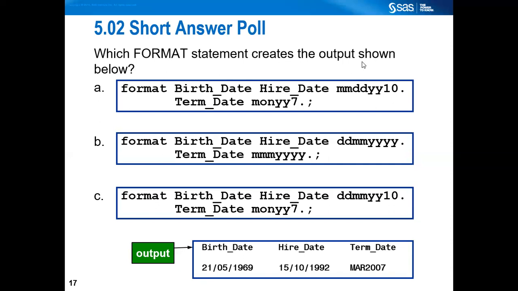C option. Okay, Nagendra and Vaishnavi. Yes, C. Absolutely correct.